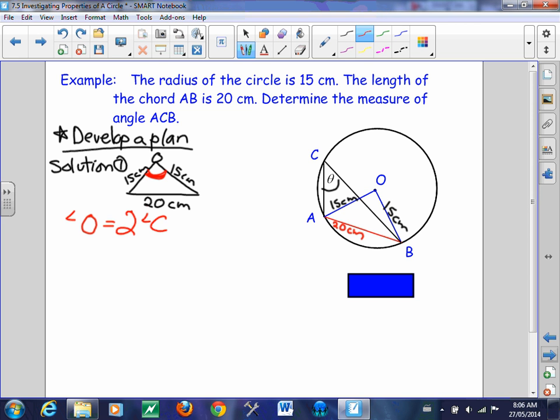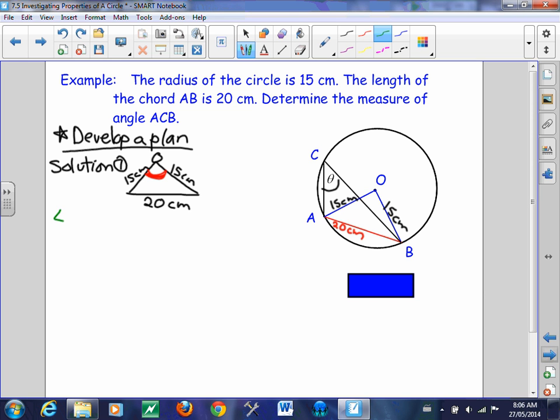So as soon as I find angle O, I need to divide it by 2 to find angle C, the one that we're trying to find. So I'll just write that out. I apologize, that's twice I messed that up.